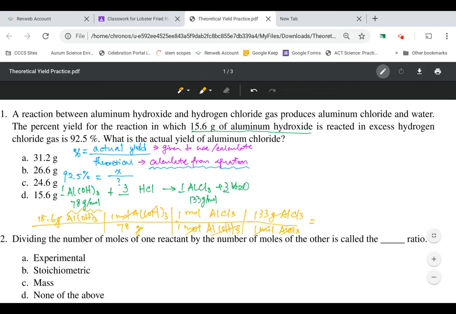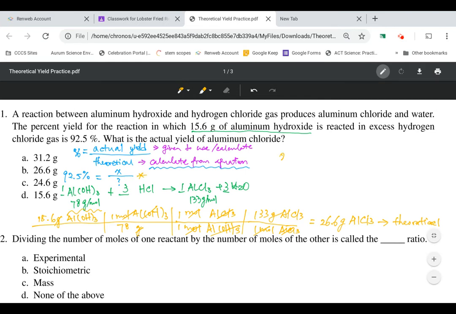So you multiply the top, divide by the bottom. 15.6 times 133 divided by 78 is 26.6. 26.6 gram of aluminum chloride. Then, once we find this theoretical yield, we can plug this number back into our equation.